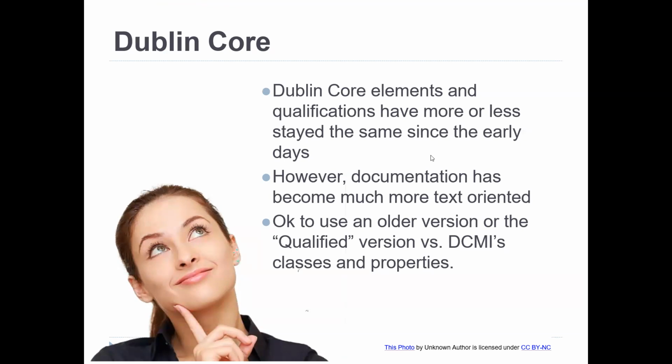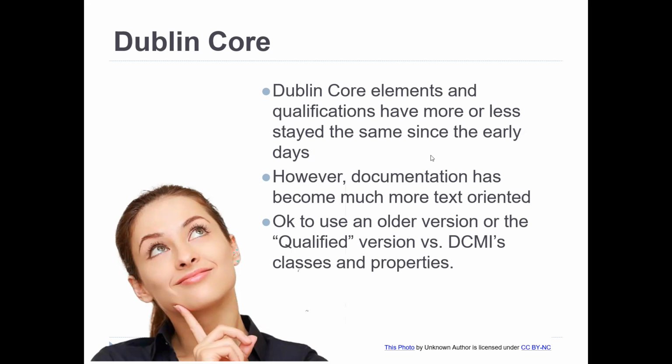So it's still there. It's not entirely obsolete, because there are projects out there that are still using that 15 core set. There are projects out there that probably use even the earliest Dublin Core version. So you will still see that represented, although it will direct you to the newer forms of Dublin Core.